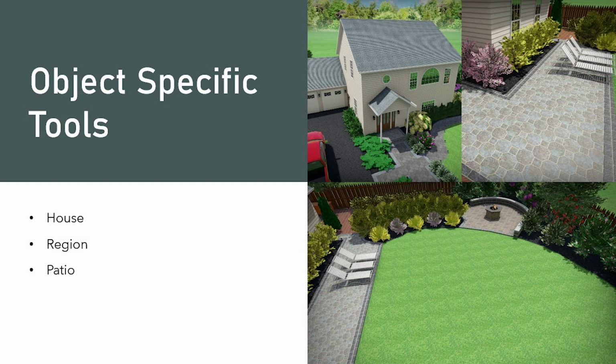Next, we have the object-specific tools, which is something proprietary to Realtime. These key tools are able to design specific areas to certain terrains and structures. The tools we used in the making of this project are the following: the Region tool, which is used to create large areas like grass and landscaping beds for mulch and driveways.